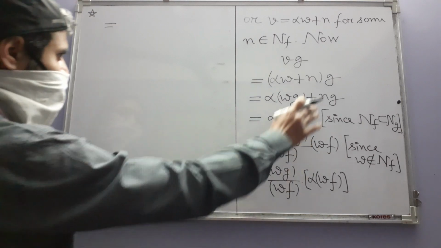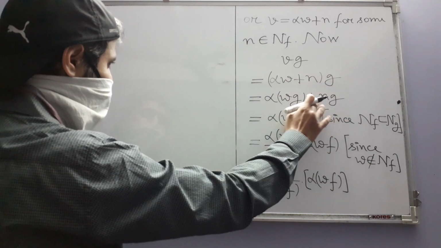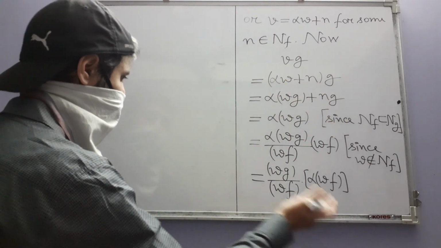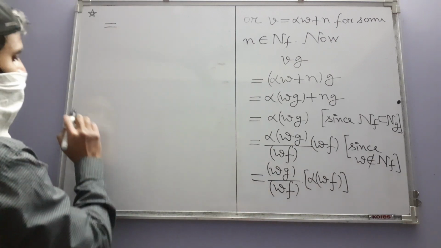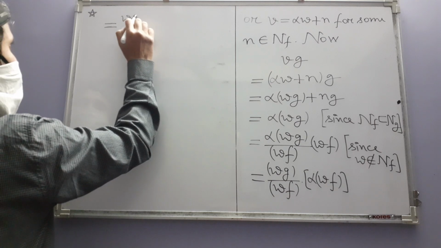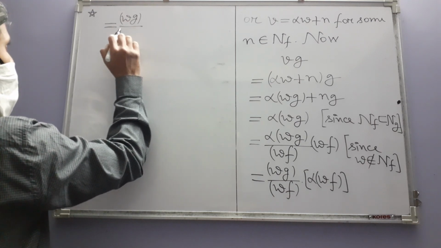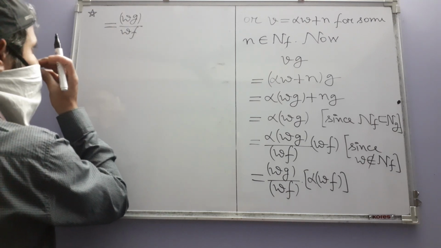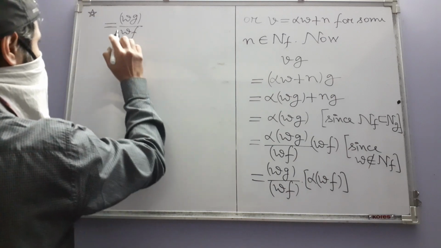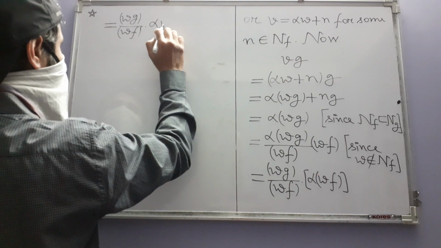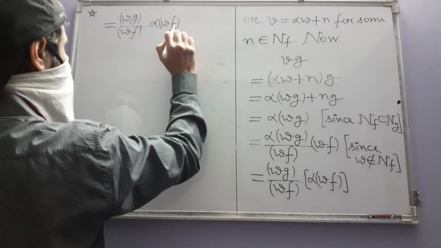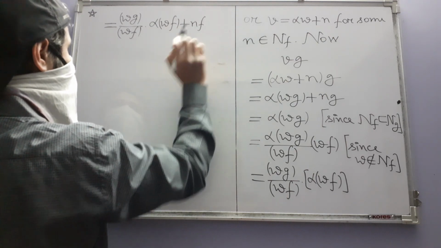Now whatever we did here, that is something vanished, we are going to bring something back here. We are going to go in the opposite direction. So w_g divided by w_f, alpha times w_f plus n_f.